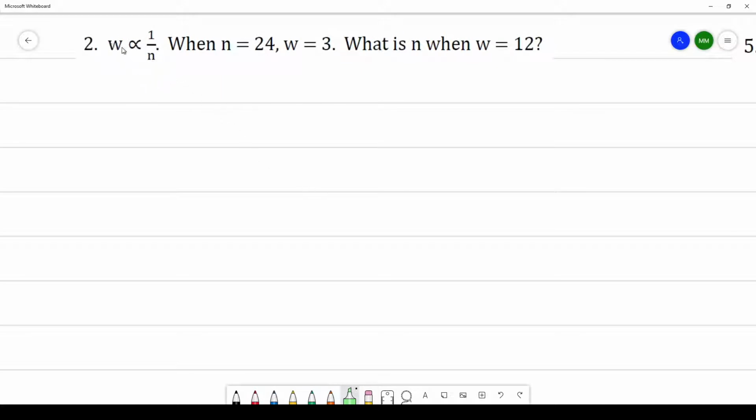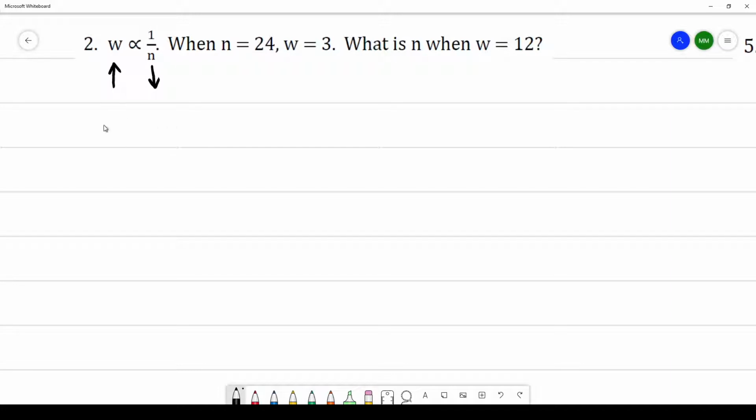So for inverse proportion, the two variables multiply to a constant product. So when you multiply them, they're always the same. That means when one variable goes up, the other variable will go down. So when n equals 24, w equals 3.